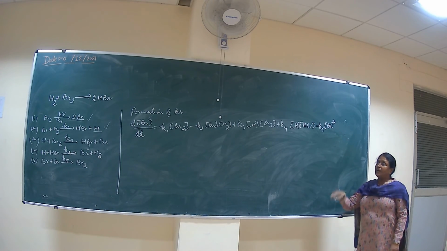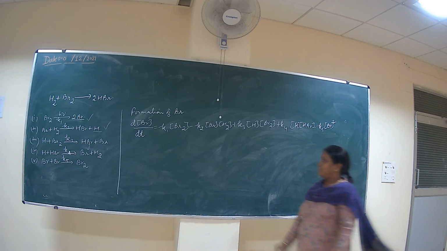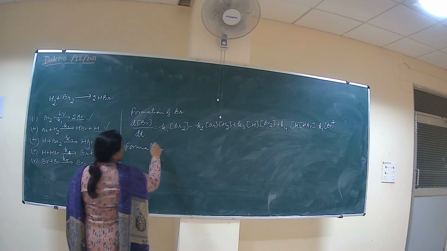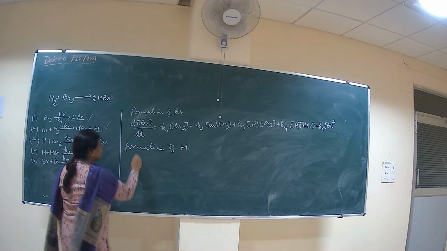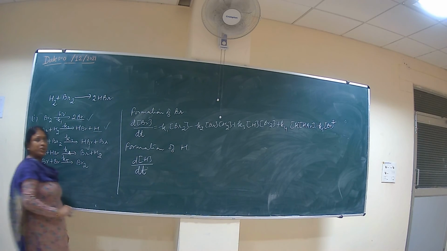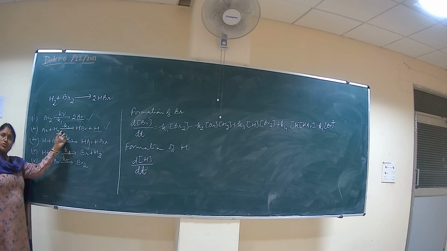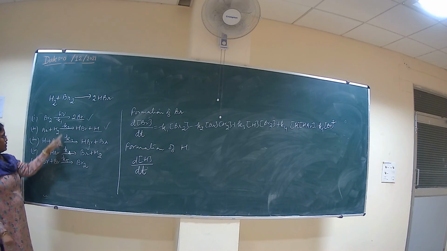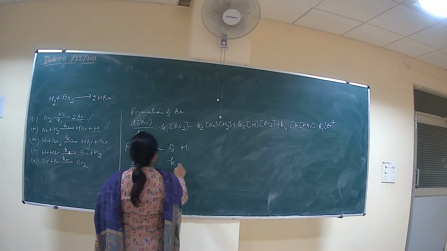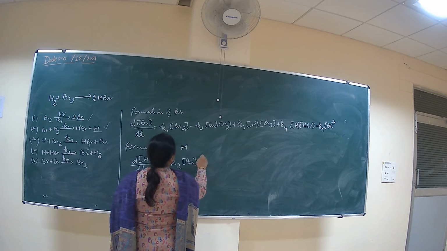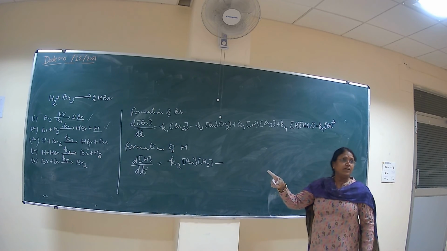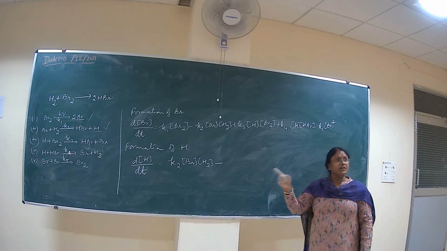In the same way, we will write for the rate of formation of the hydrogen. So hydrogen के लिए जब हम लोग लिखते हैं formation of hydrogen, तो here also we see the small change in the concentration of hydrogen with respect to time is equal to, अब hydrogen कहाँ से use होना शुरू हुआ है, सेकेंड से up to the fourth one. ठीक है, तो इसके लिए हम लिखेंगे K2 concentration of bromine and concentration of hydrogen molecule, minus K3 because वहां पर हाइड्रोजन रिएक्टेंट की तरफ प्रेजेंट है.